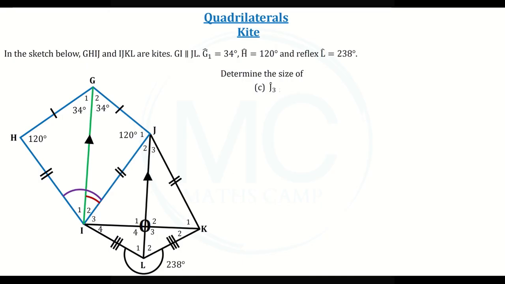A kite is a quadrilateral, and we know that the sum of the interior angles of a quadrilateral is equal to 360 degrees.